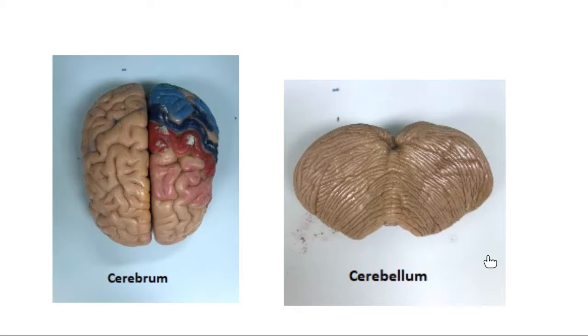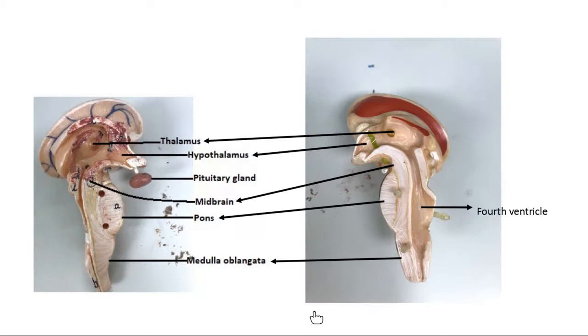Now if I give only pictures, how will you identify? You should know the part. So what is this? This is the cerebrum and cerebellum. Remember all these parts.